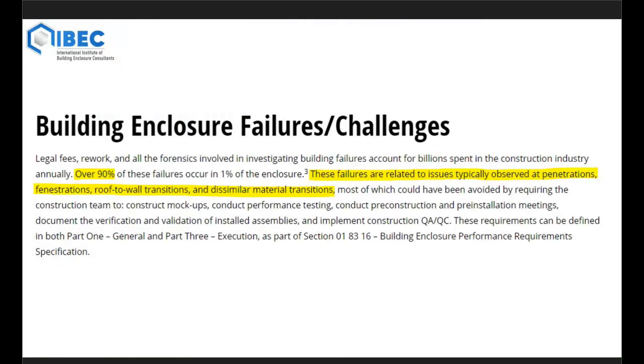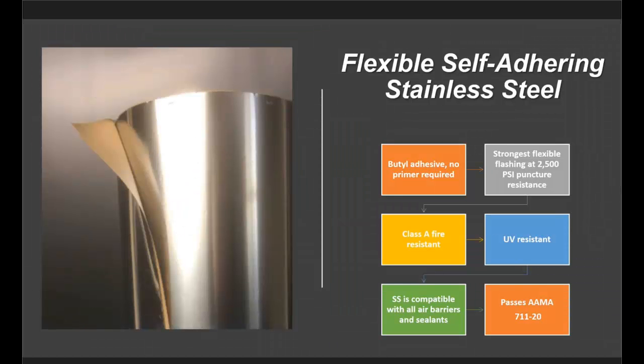The building enclosure is the result of a lot of failures. 90% of them occur in only 1% of the enclosure. So we're doing a lot of stuff right, but the little stuff can be catastrophic. Where are these? Penetrations, roof-to-wall transitions, dissimilar material transitions.